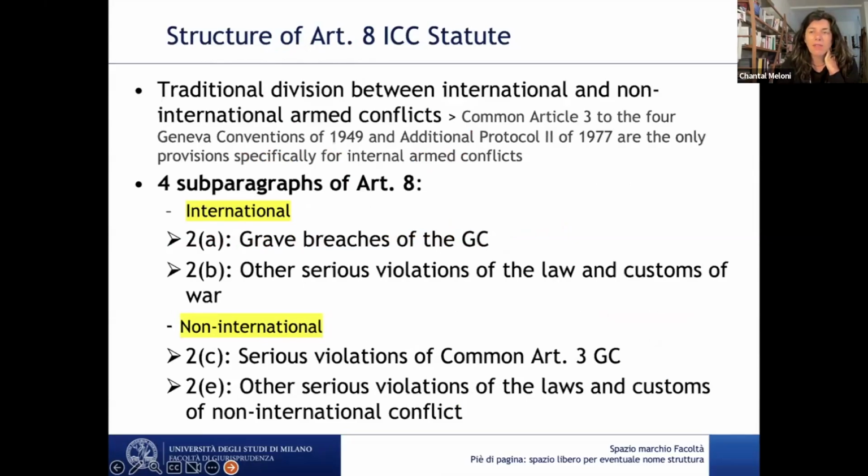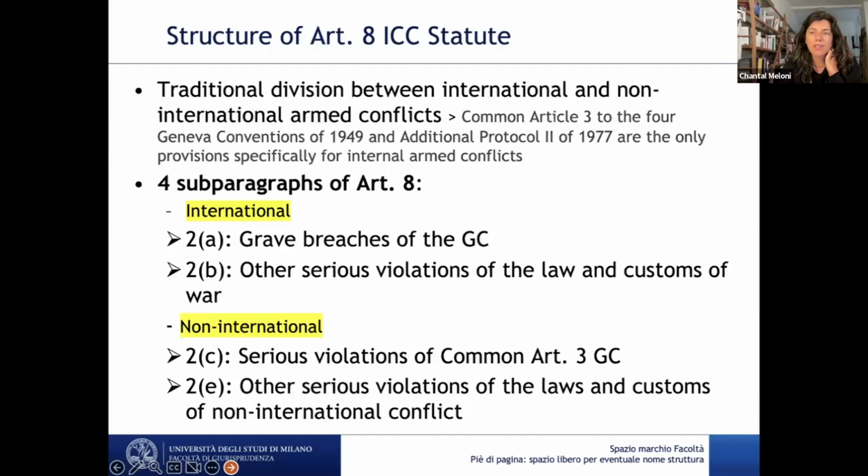The article is divided into two basically main parts. Each of them has two subparagraphs, so there are four subparagraphs. The first two have to do with international armed conflicts, and the second two have to do with non-international armed conflicts, and they in a way mirror each other.